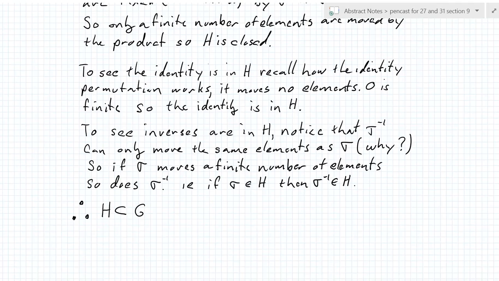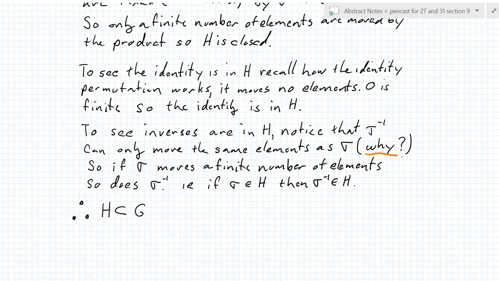So to see that the inverses are in H, notice that sigma inverse can only move the same elements as sigma, and you should convince yourself as to why that is. Maybe do a quick contradiction proof and break up sigma and sigma inverse into transpositions and show that if, for example, sigma inverse has a transposition that contains an element that's not in sigma, then it won't be the inverse of sigma.